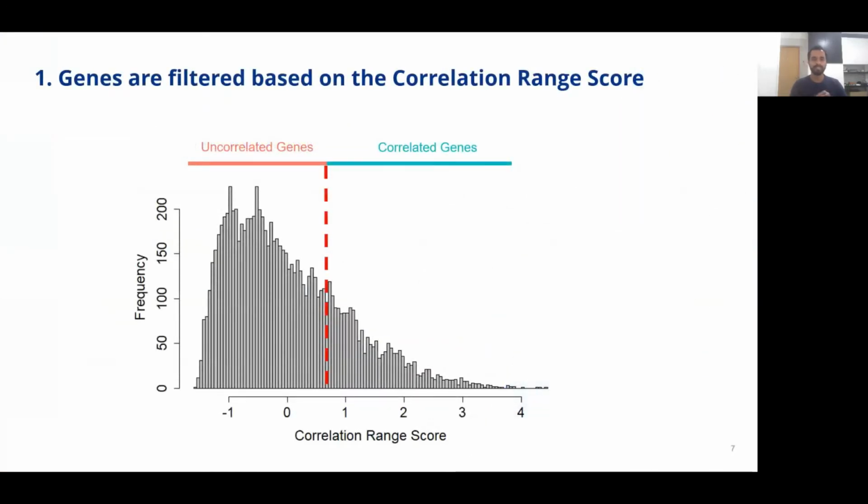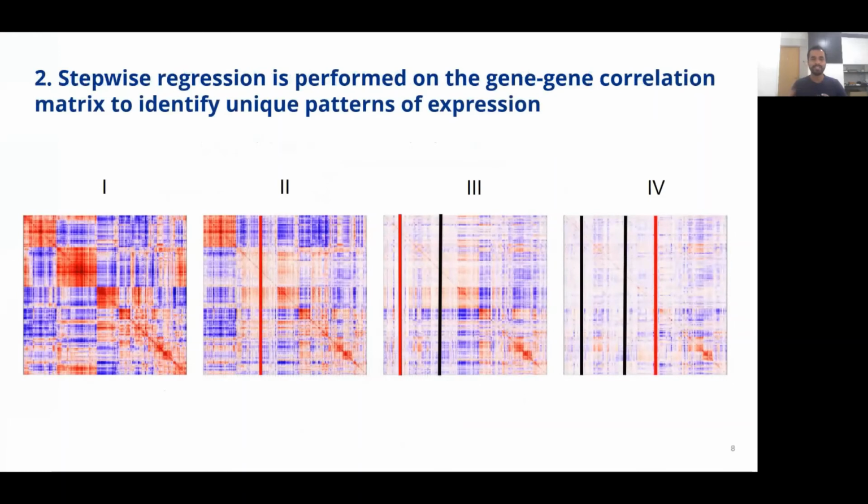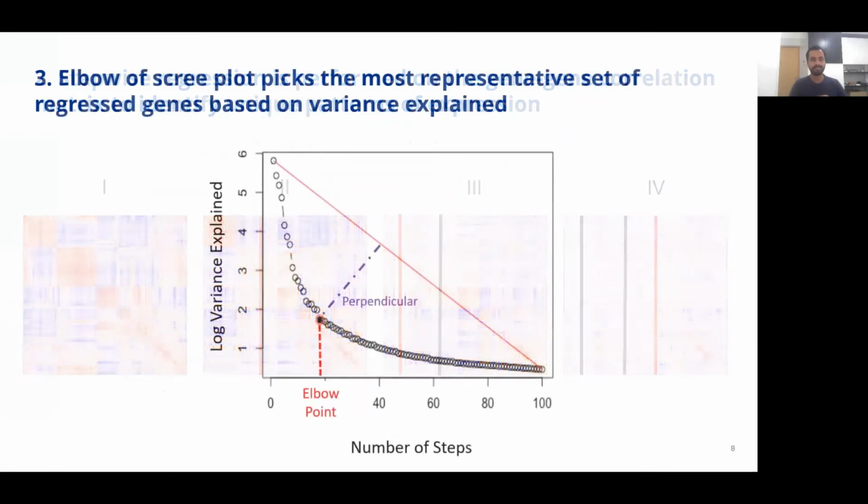The first step in DUBStepR is separating genes which have a high correlation range score from those which don't. These genes are then used to construct a gene-gene correlation matrix upon which we perform stepwise regression to identify unique patterns of expression.